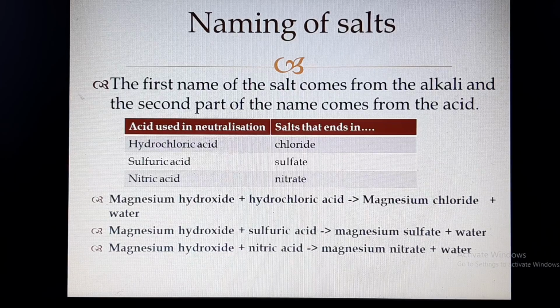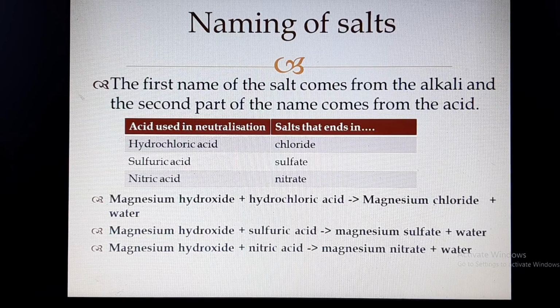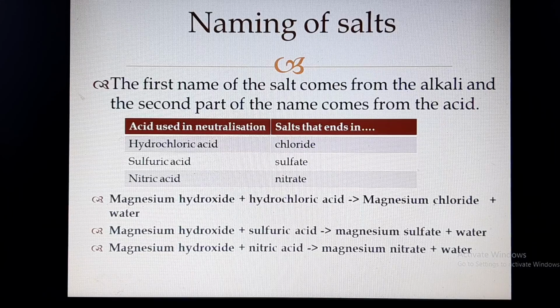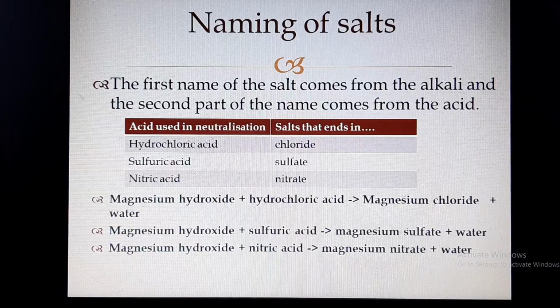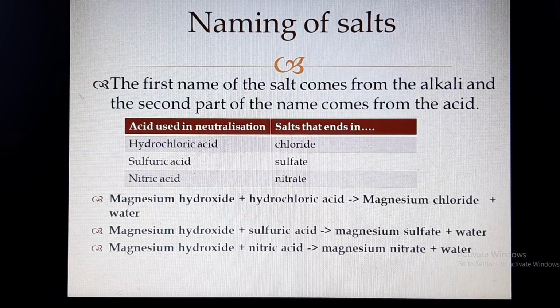The first part of the name comes from the alkali, and the second part of the name comes from the acid used for making a salt. For example, in the case of sodium chloride, the name sodium comes from sodium hydroxide, and the second name, chloride, comes from hydrochloric acid.